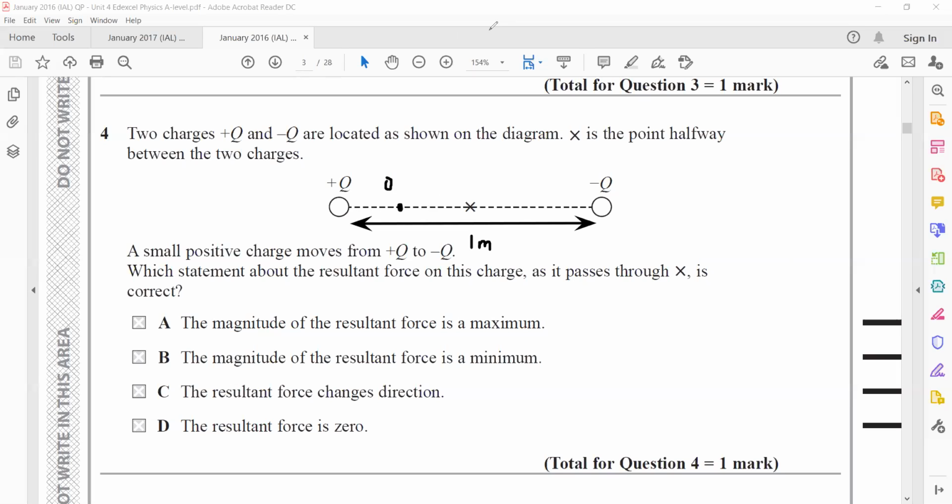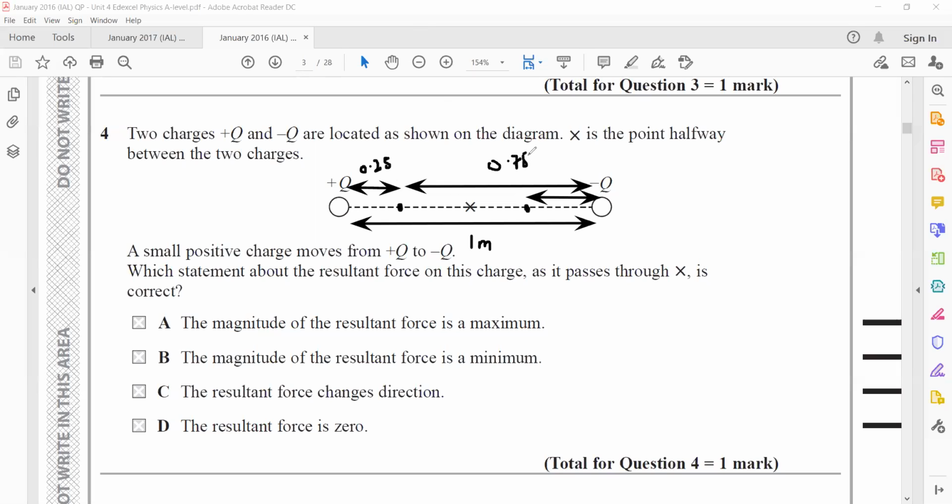Or you place it at this point. So this is 0.25, this will be 0.75.